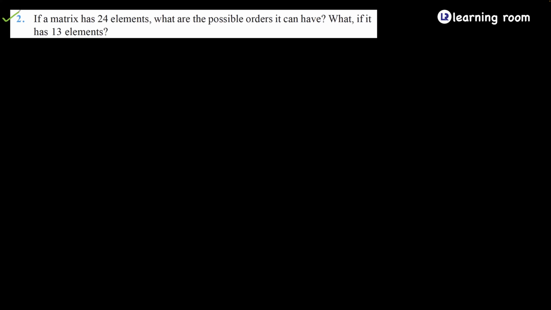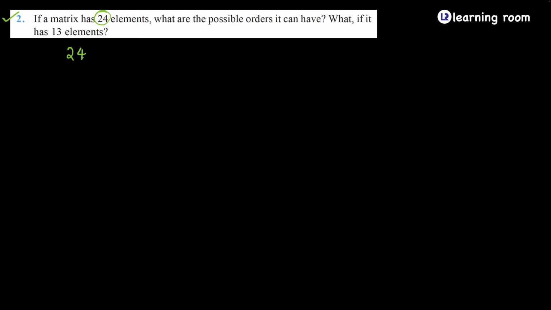If a matrix has 24 elements, what are the possible orders it can have? So if you look at 24, is it a prime number or a composite number? It's a composite number.